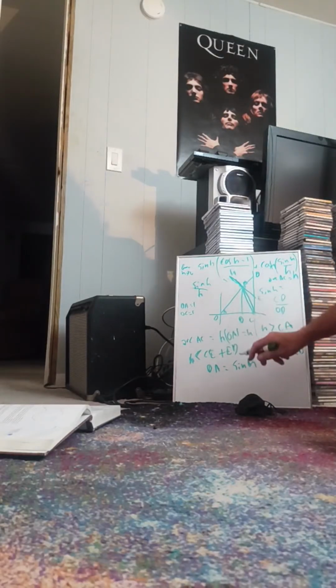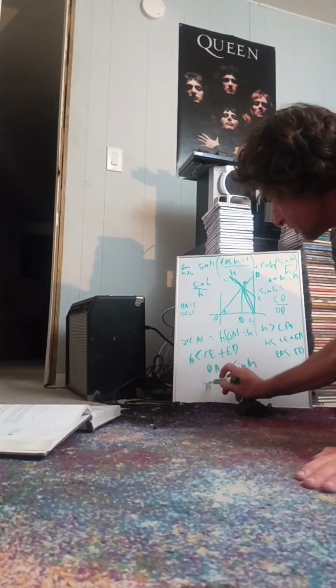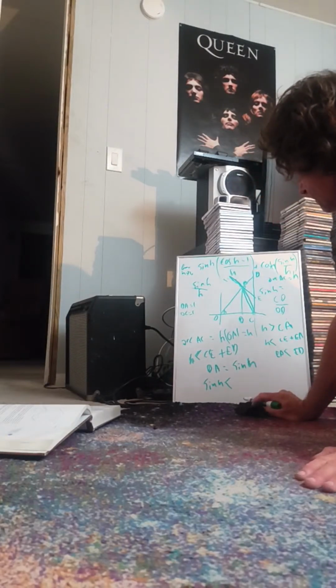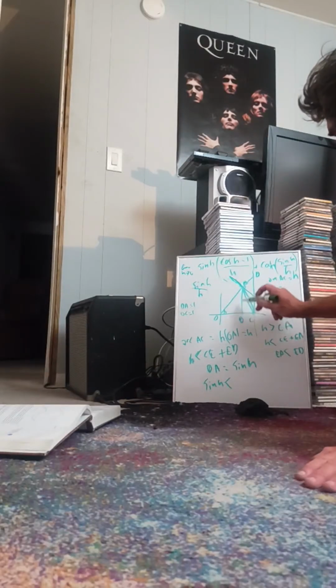So BA equals sine H. All right, that works for me. But BA, which is sine H, is less than the arc of AC, which is H.